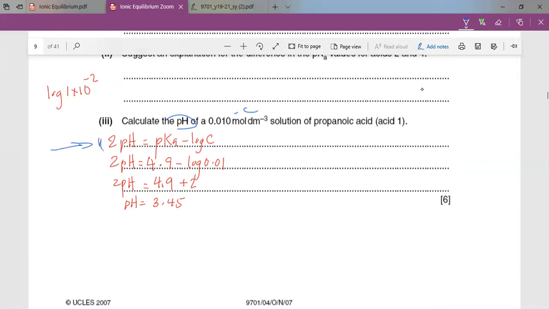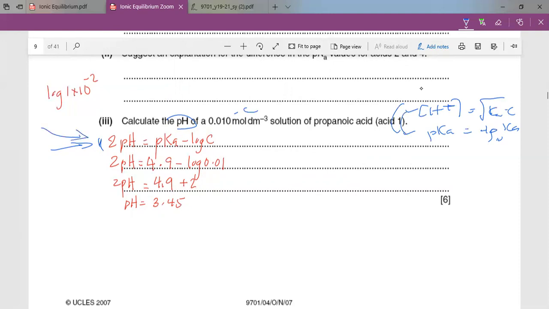Use this formula, and of course the other formula, which is the concentration of H plus equals root Ka C. And then the other formula is your pKa equals minus log base 10 Ka. To solve this one, you can use these two formulas or just one formula.